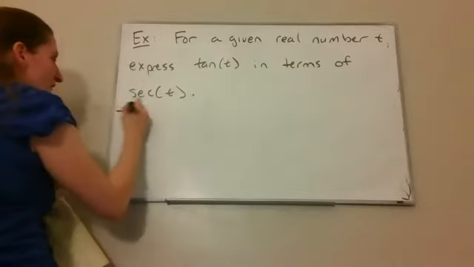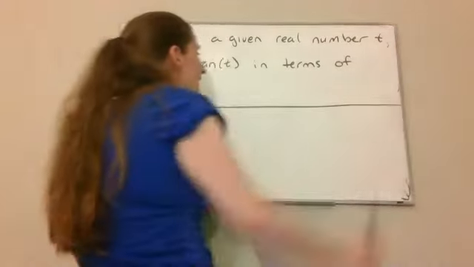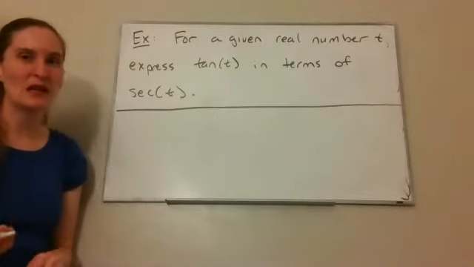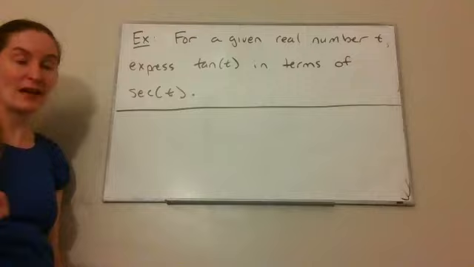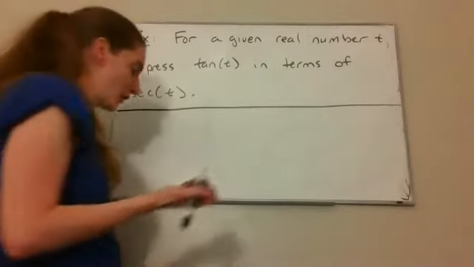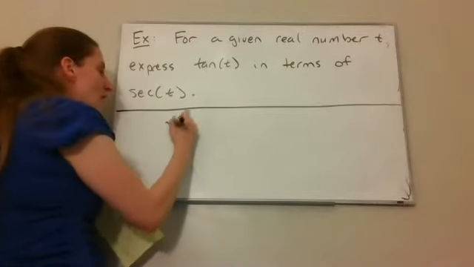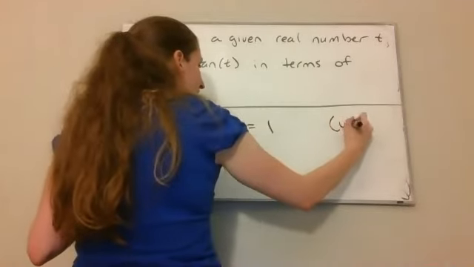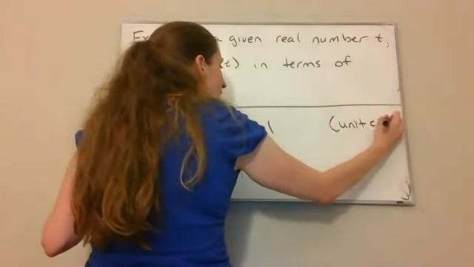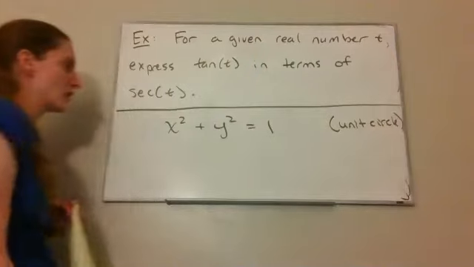And now that kind of sounds a little scary because we don't really know what to do to start. But one thing we do know is we have our unit circle. The equation of our unit circle is x squared plus y squared is 1. That's a circle that has a radius of 1 centered at the origin.